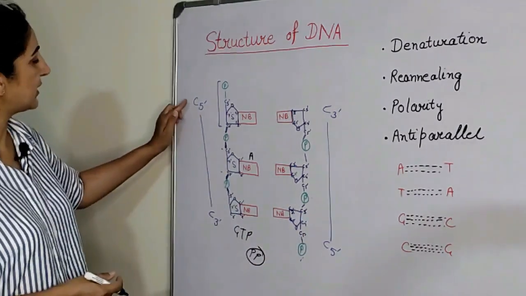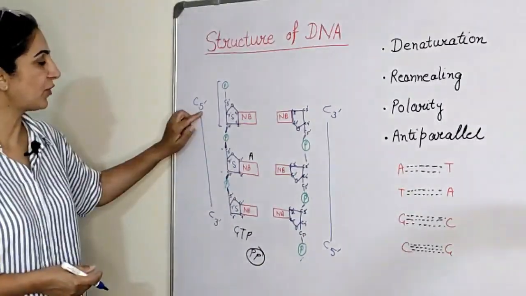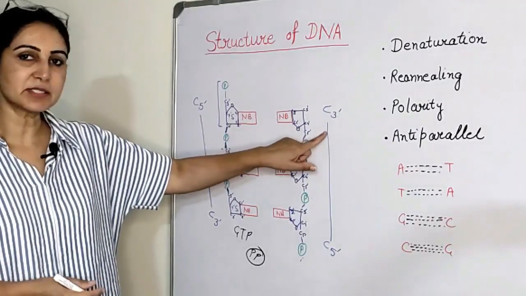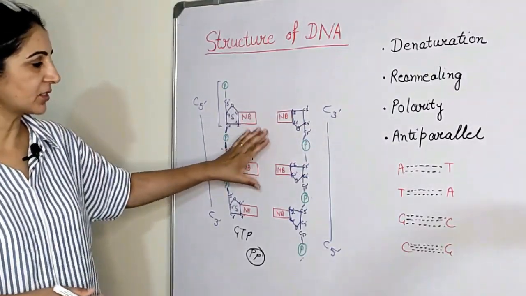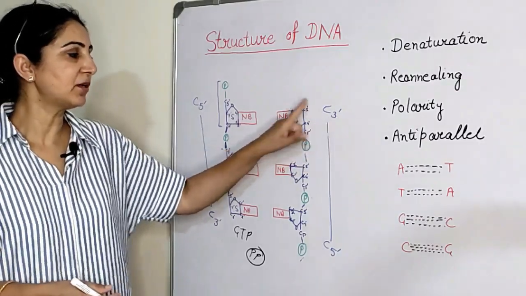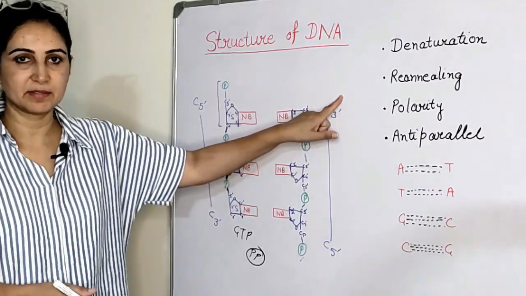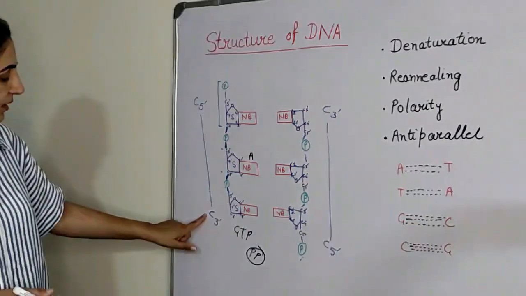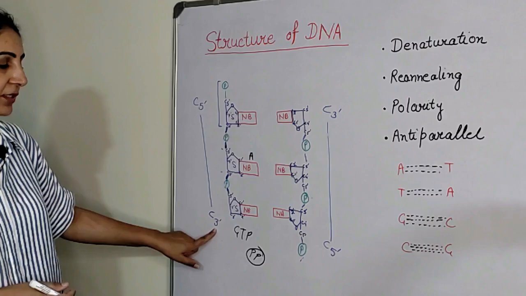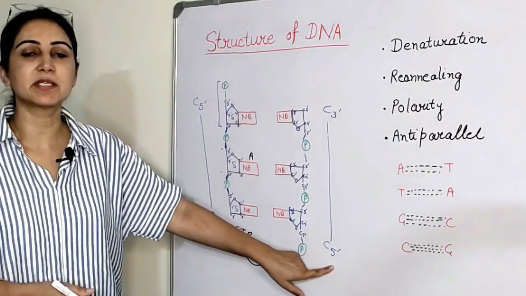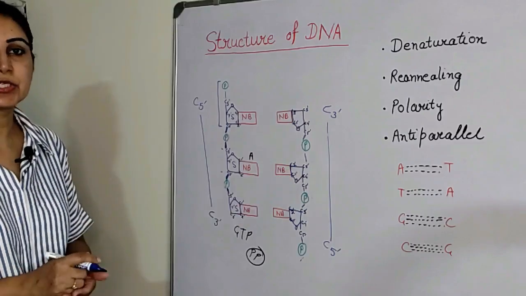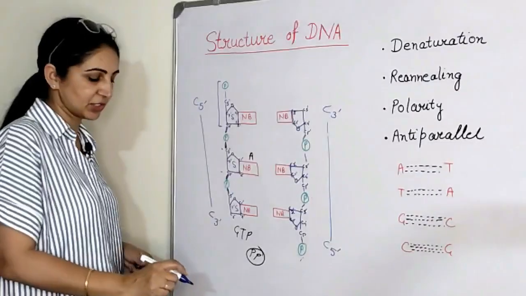If one chain has got C5 prime end on one side, then to make this structure stable, the other chain must have C3 prime end on the same side. Similarly, if the other chain ends with C3, then the first chain must end with C5. So this is how these two chains are arranged, that is in the anti-parallel direction.